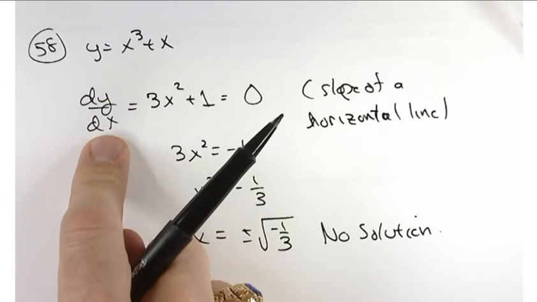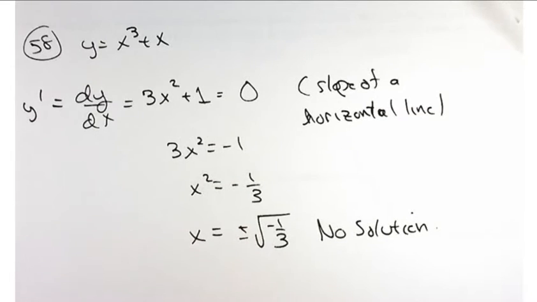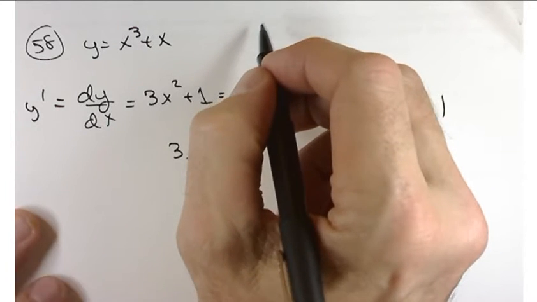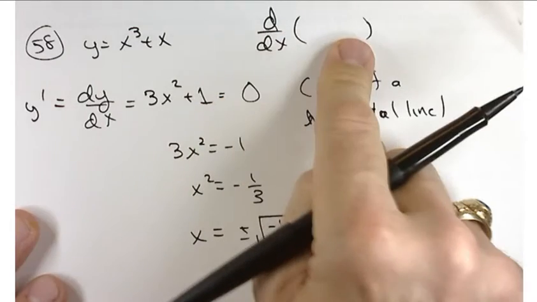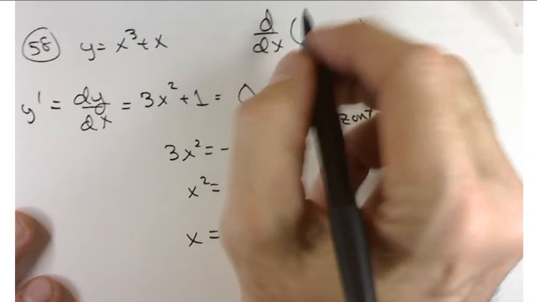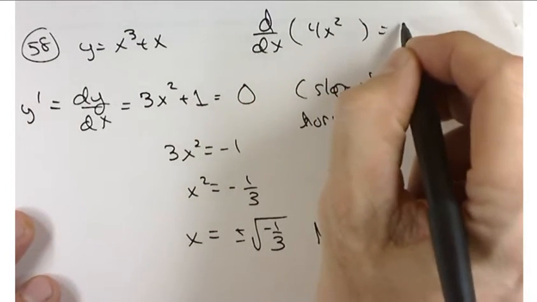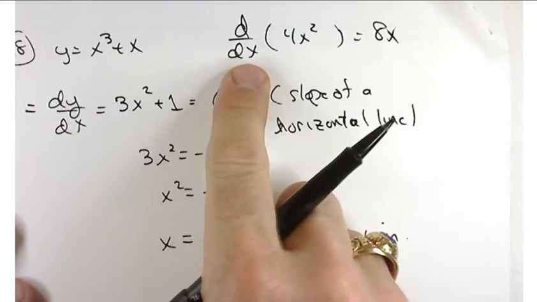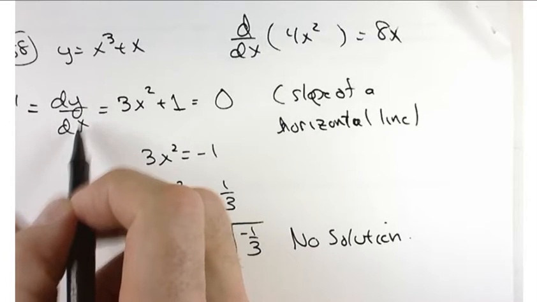dy by dx, that's just another name for y prime. They mean the same thing. Well, there's a slight difference there. d by dx means you're going to take the derivative of what follows. So d by dx of, say, 4x squared is 8x. So that means I'm going to take the derivative of this. Here, I've taken the derivative of y.